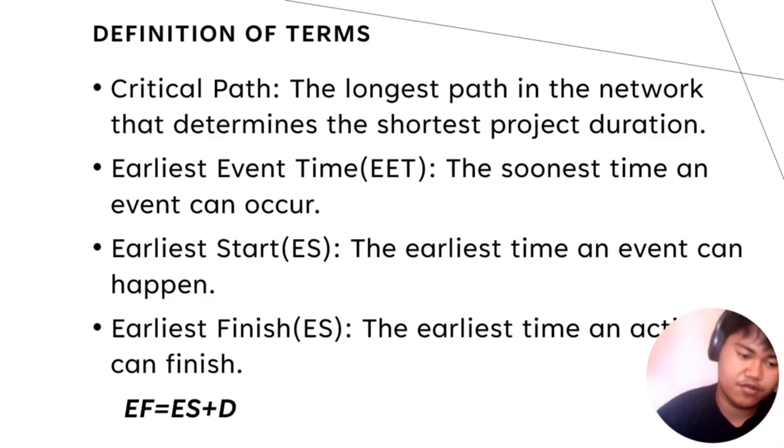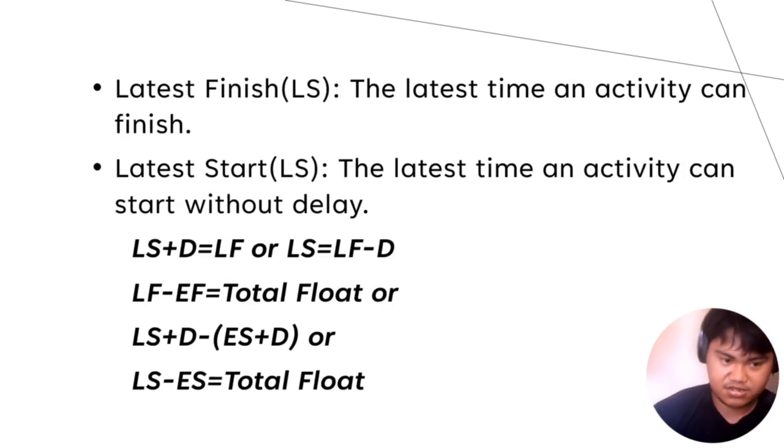There is a formula: EF is equal to ES plus D, or earliest finish is equal to earliest start plus the duration. Next, latest finish or LF: the latest time an activity can finish. Next, latest start or LS: the latest time an activity can start without delaying the project.